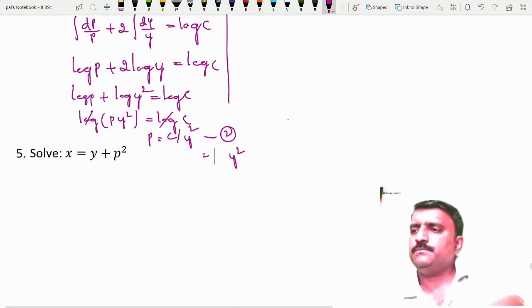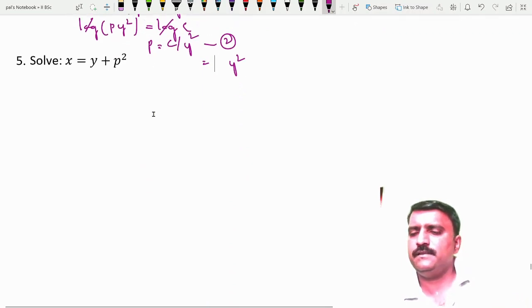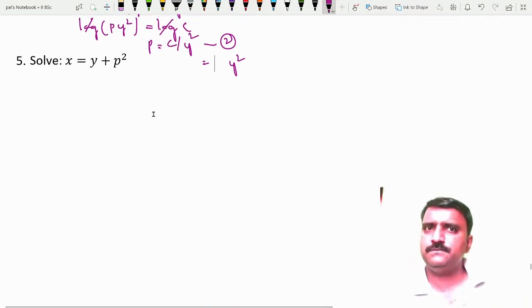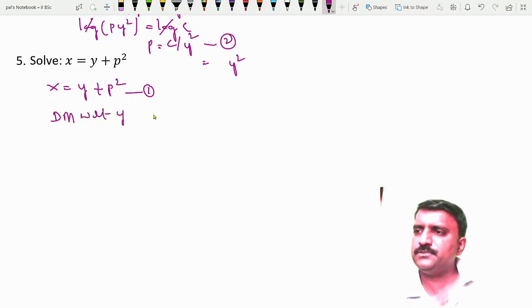Here's one more example. It is a very simple problem. X is equal to y plus p square. Take it as 1. Differentiate this with respect to y.